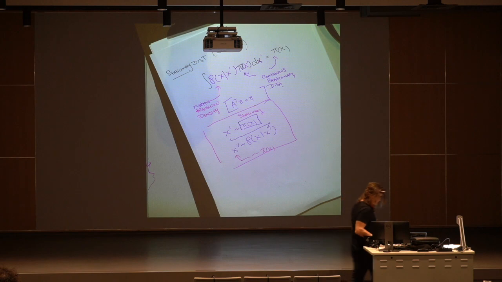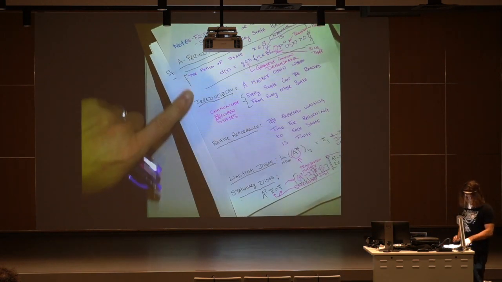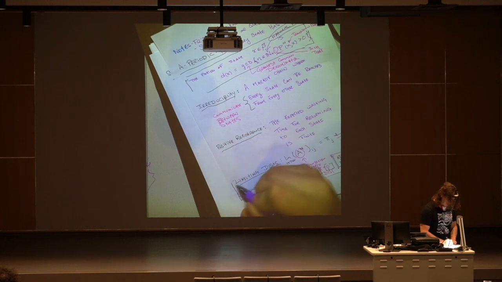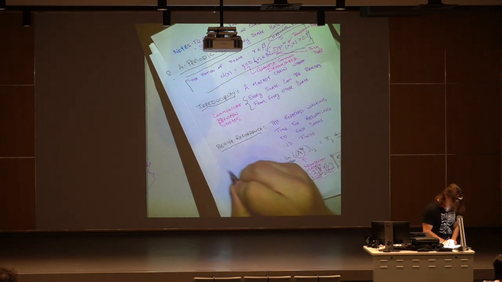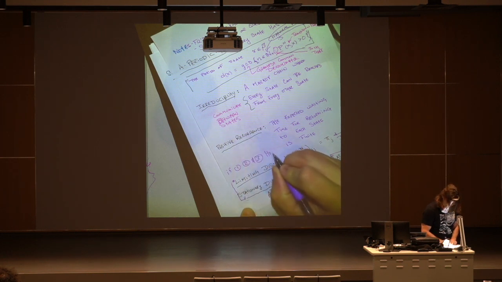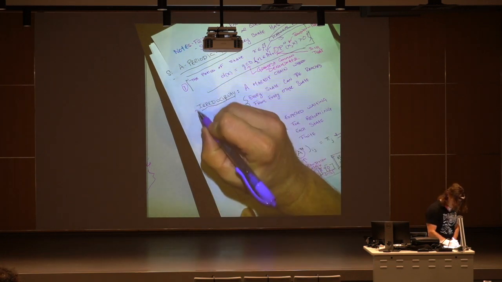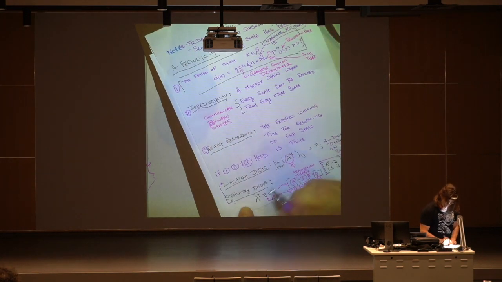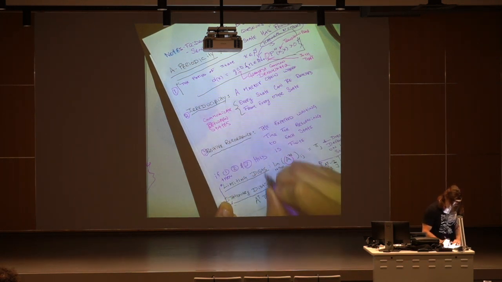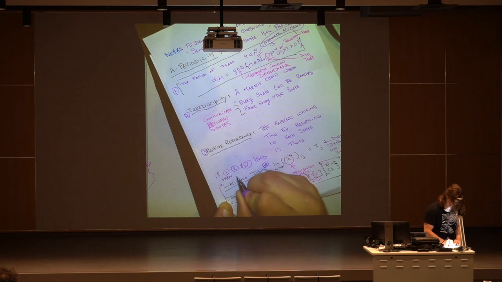So here's what I said last time, that if these three conditions are true, that the chain is aperiodic, it's irreducible, it's positive recurrent, then these two things are the same. So if 1, 2, and 3 hold, then star is equal to star star.